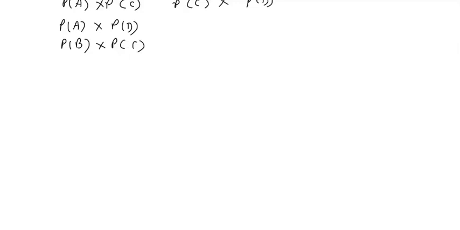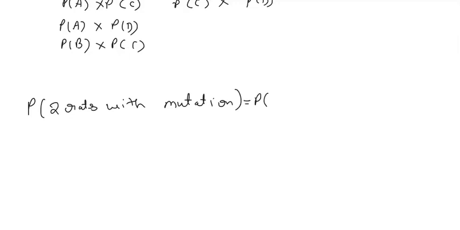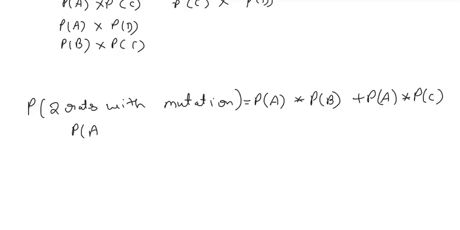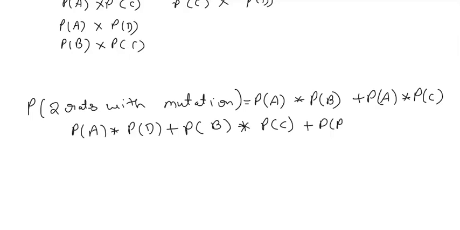So here we will consider P, 2 rats with mutation, is equals to P of A in multiplication with P of B plus P of A in multiplication with P of C, P of A in multiplication with P of D plus P of B in multiplication with P of C, P of B in multiplication with P of D plus P of C in multiplication with P of D.